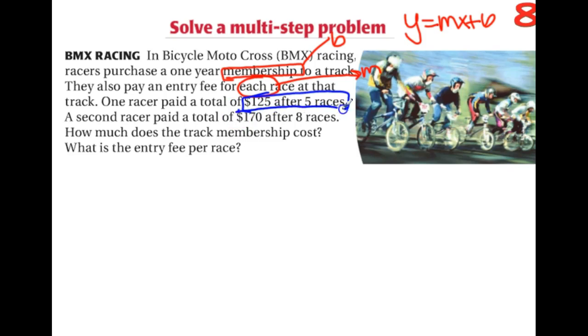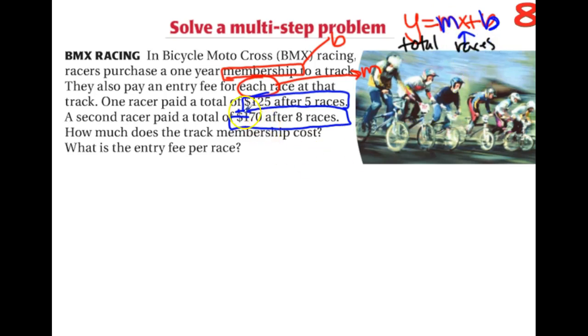Well, first, we can write these as points. Each race is going to cost some amount of money, which we multiply by the number of races, plus our initial membership fee, which gives us y, the total cost. We know x is the number of races.